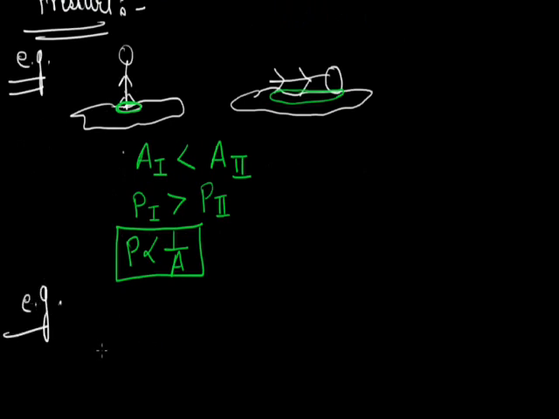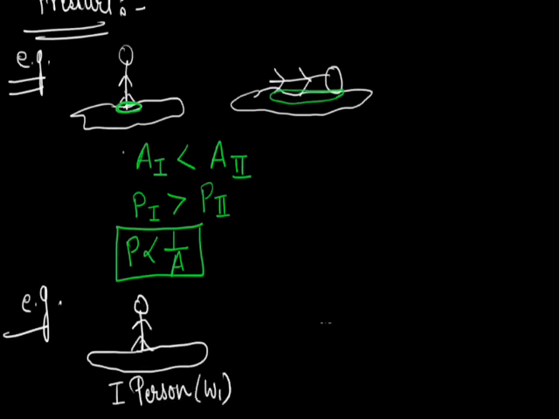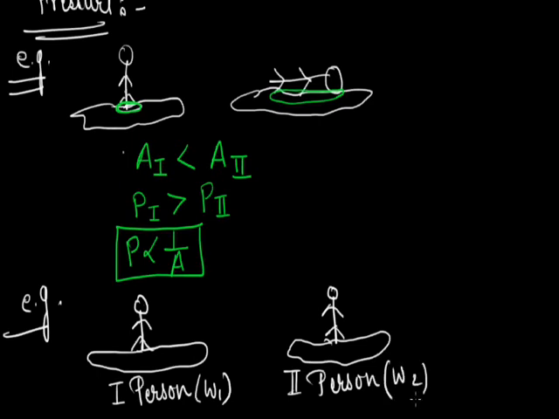Now, let us suppose that two different persons stand on the heap of sand as shown in figure. Suppose this is the first person having weight W1 and this is the second person. He also stands on heap of sand and his weight is suppose W2.